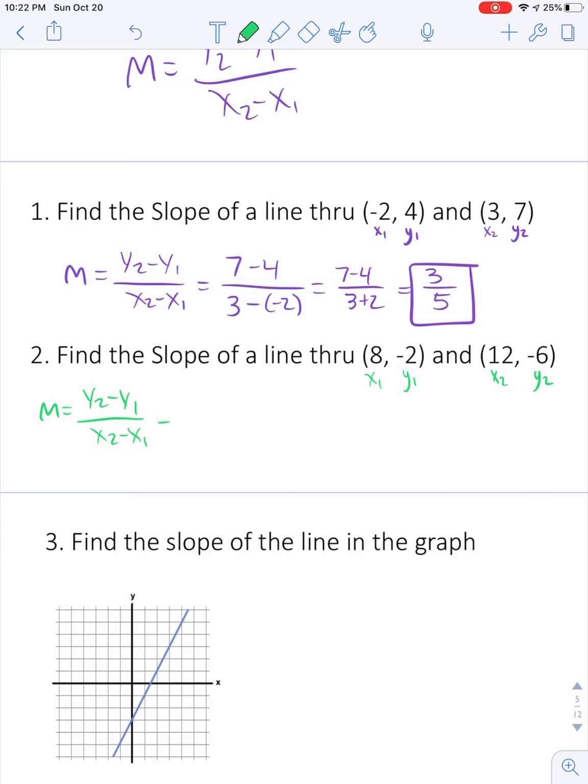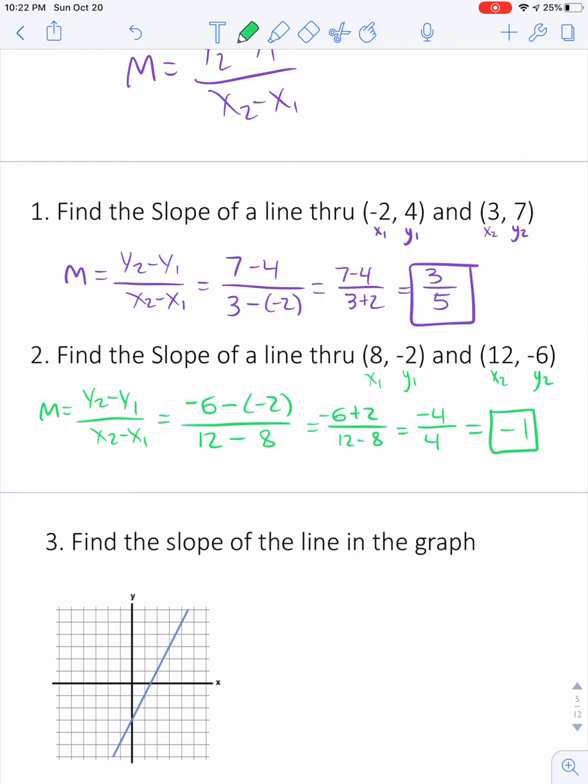We're going to plug in that y2, which is -6, minus that y1, which is -2, so it's minus a negative. And then that x2, which is 12, minus that x1, which is 8. And we're getting -6 plus 2 over 12 minus 8. That's -4 over +4, which reduces to -1.